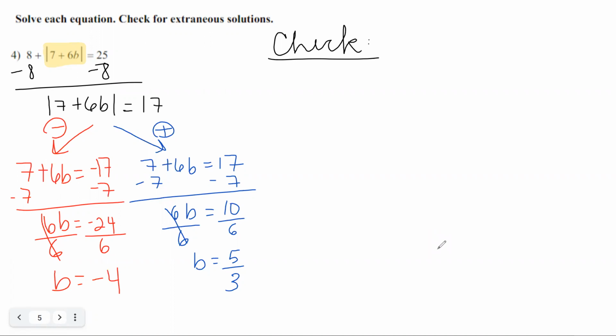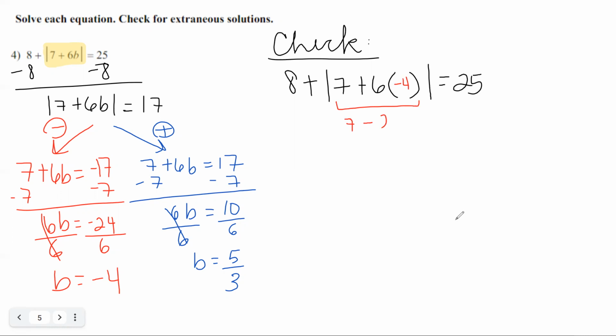Cool, now let's check them in our original equation. 8 plus the absolute value of 7 plus 6 times b is equal to 25. I like to read from left to right, so I'm going to plug in negative 4 first. And the absolute value behaves like a parenthesis, so I'm going to simplify what's inside my absolute value first. So 6 times negative 4 is negative 24. I have 7 minus 24, essentially.